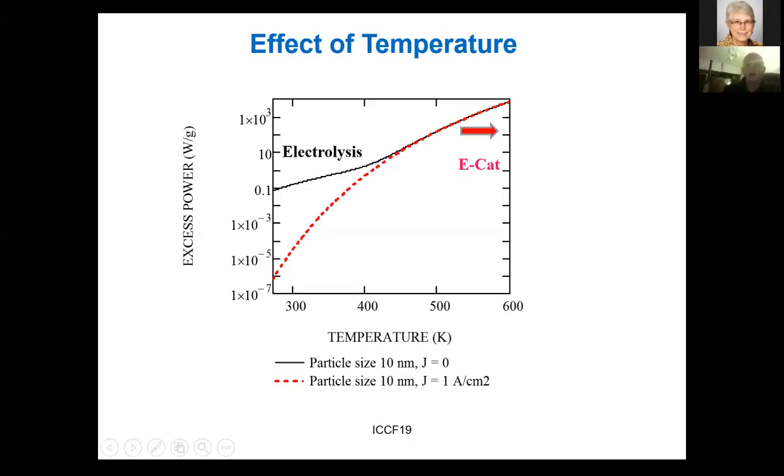But you see, if you have a look at this curve, already at 600 K, you have a prediction from this very simple model of excess energy production exceeding 10 kilowatts, which is much more than is observed by experimentalists. And the explanation of this discrepancy is very simple, because the model doesn't take into account the second effect of temperature.